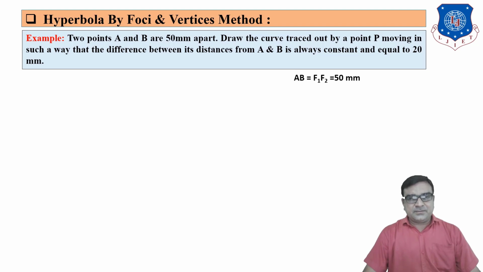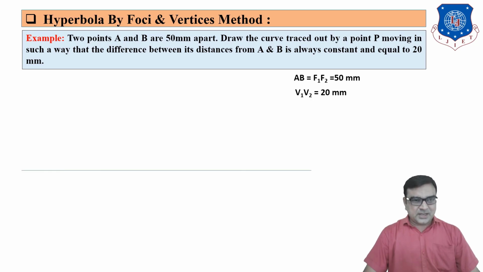So here the fixed points A and B are known as F1 and F2, which are 50 mm apart, and the constant distance is equal to 20 mm. So the distance between the two vertices V1 and V2 is 20 mm.